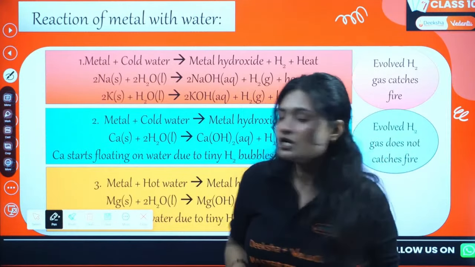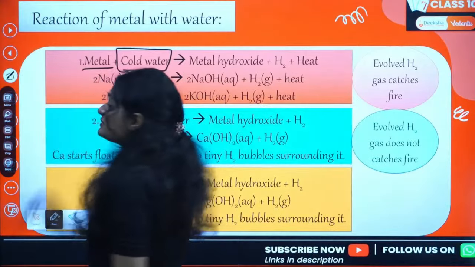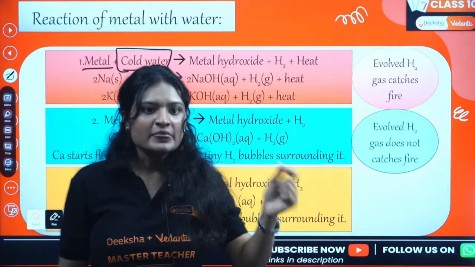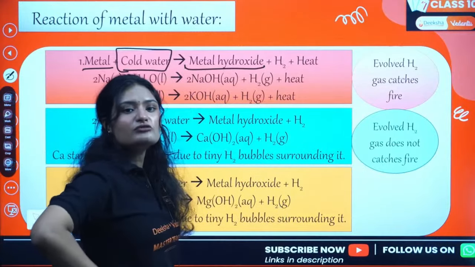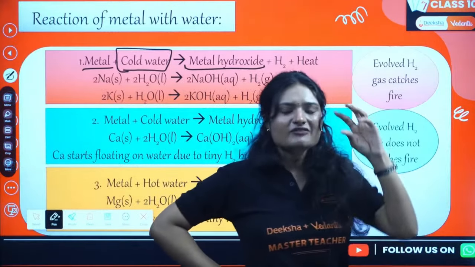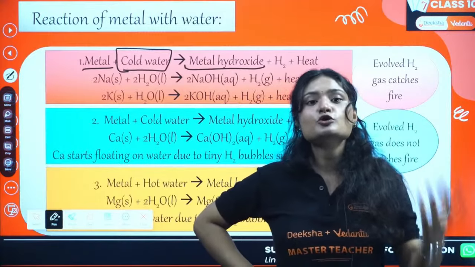Okay, so firstly we'll start with the metals that react with cold water. That means they are extremely reactive if they are able to react with cold water. They form metal hydroxide and evolve which gas? Hydrogen gas. Plus a lot of heat is also released. Now as you know, hydrogen gas is a very explosive gas.